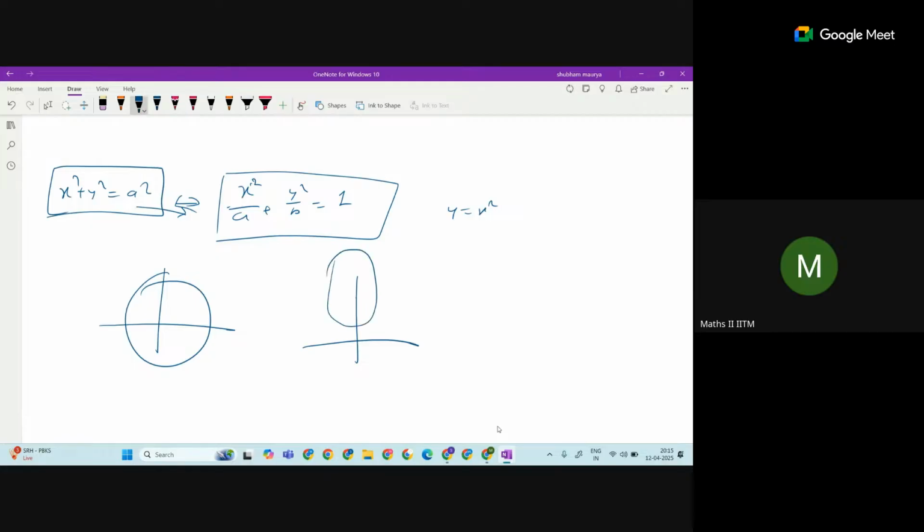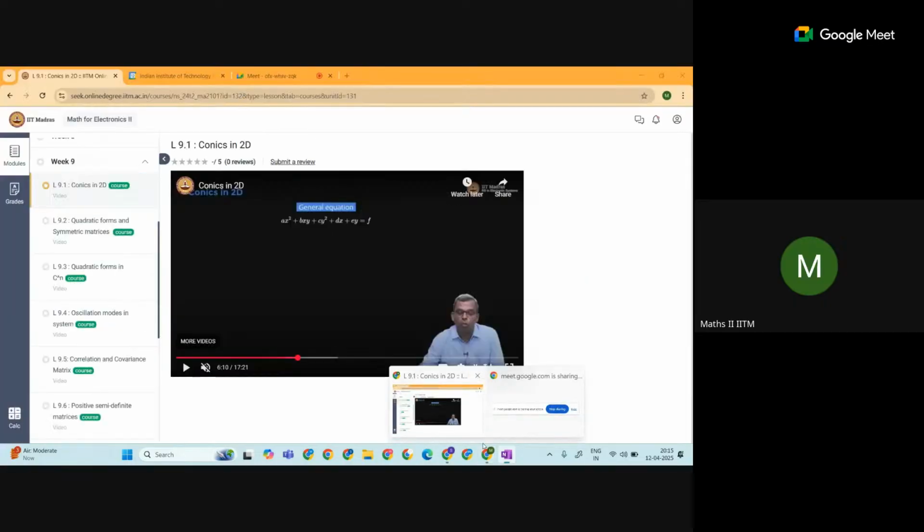So in this case, this is the general case: ax square plus bxy plus cy square plus dx plus ey. So this is the general equation of a conic in 2D.